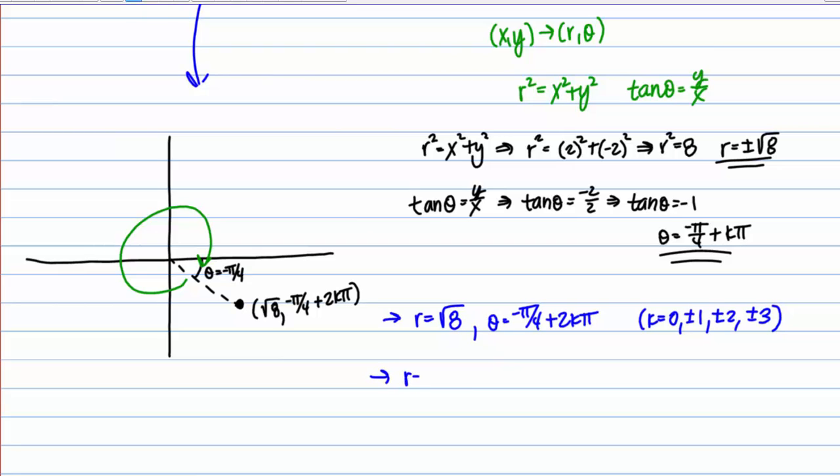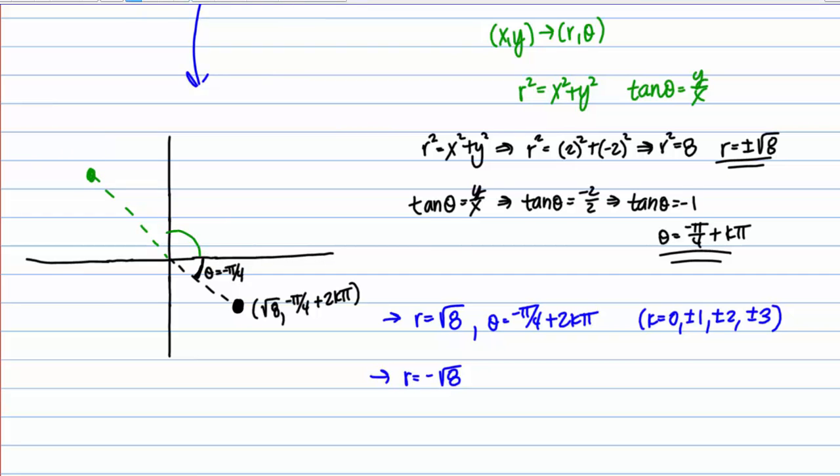But what if we wanted to use r equals negative root 8? Well, we still want to end up at the same point here. So if we're going to use r equals negative root 8, what we need to do is come from a reflection on the opposite side of the pole here.